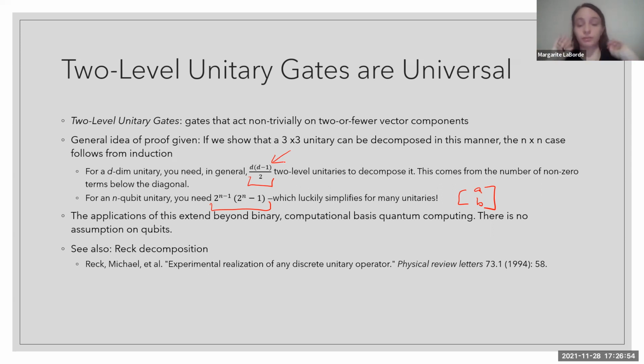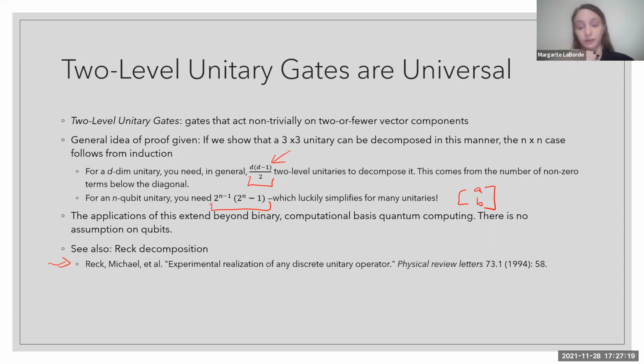So this is just a fact of the unitary matrices. This is not necessarily dependent on quantum computing. And that's useful for a variety of applications. And so famously, there's this thing called Reck decomposition, which is this paper here, where they describe how to take some arbitrary unitary you might want to build out of, say, on your optical table.